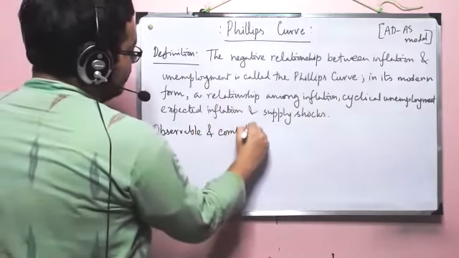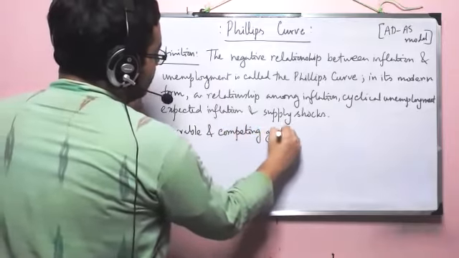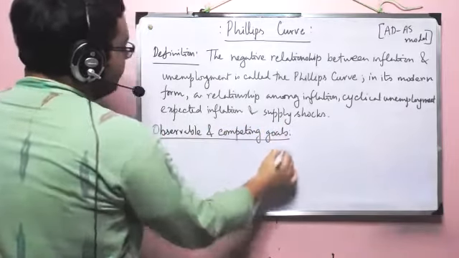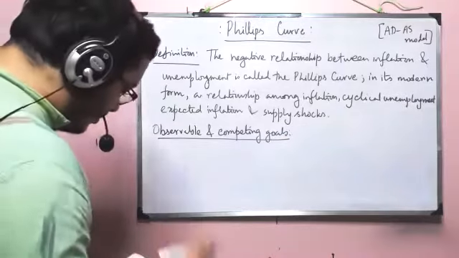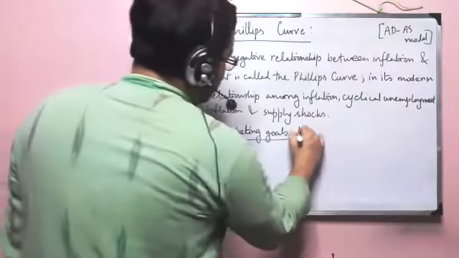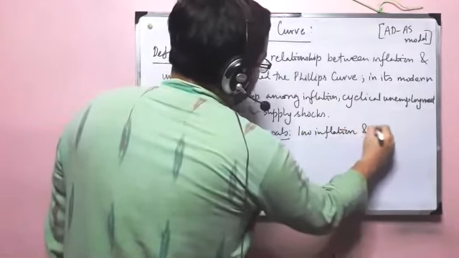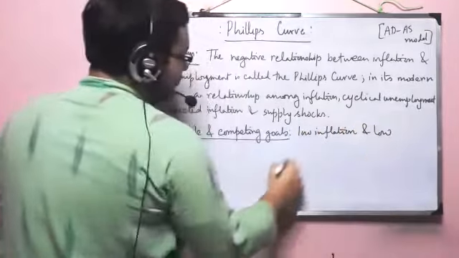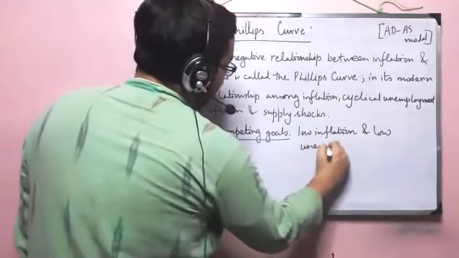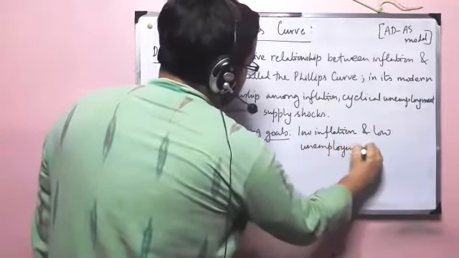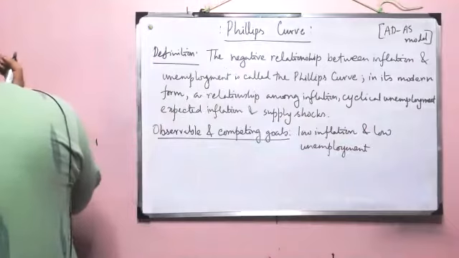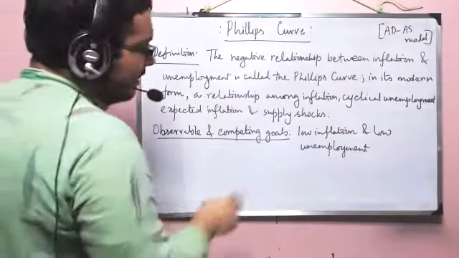and competing goals, the observable and competing goals of an economy are two. Number one is low inflation, and number two is low unemployment. So you would be happy if both of them are low.